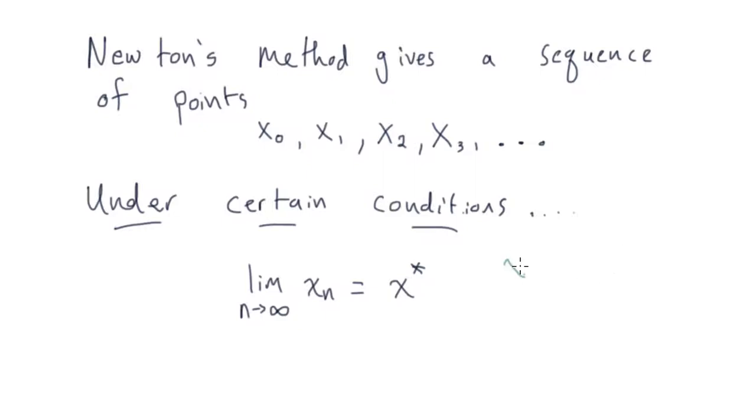In other words, x_n, the sequence, converges to x star. And what I mean by converge is exactly this. The limit of these numbers in this sequence are getting closer and closer to x star as it goes to infinity, as I do more and more steps.